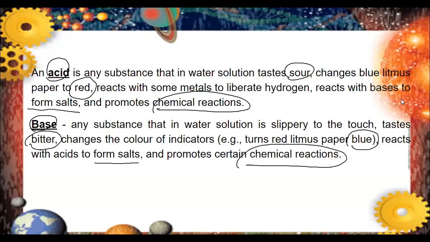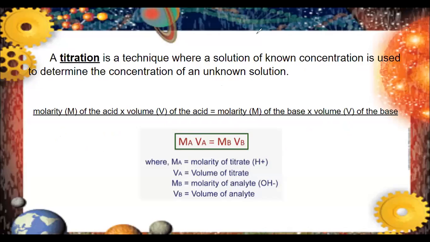So titration is the technique where a solution of known concentration is used to determine the concentration of an unknown solution. So we have here the relationship or the general formula for the titration.